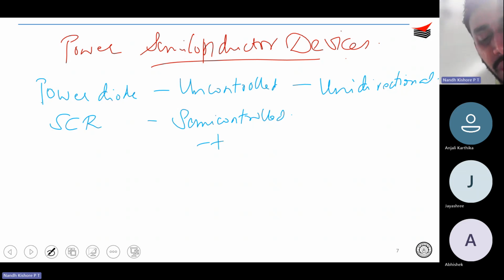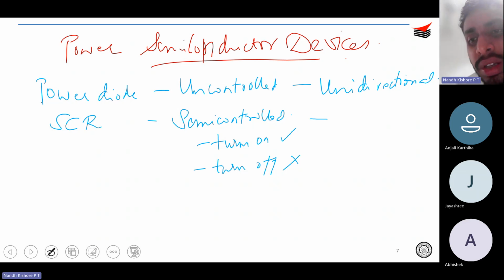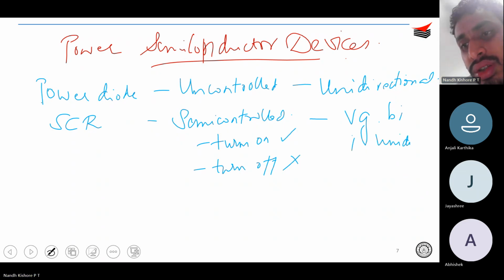Because turn on is controllable, whereas turn off is uncontrollable. So SCR is basically voltage bidirectional and current unidirectional.